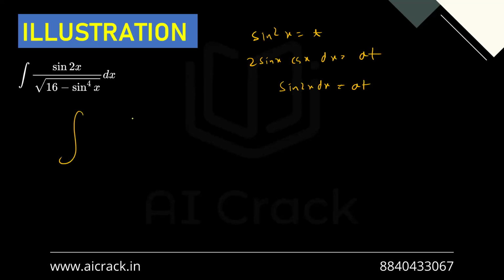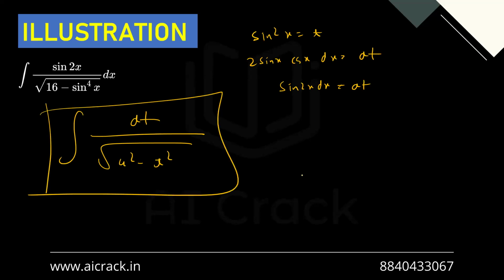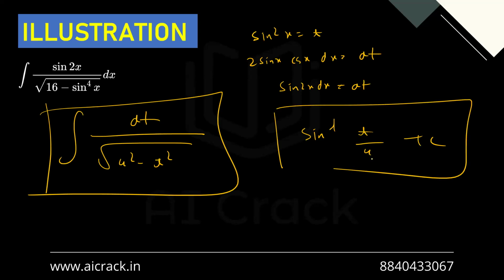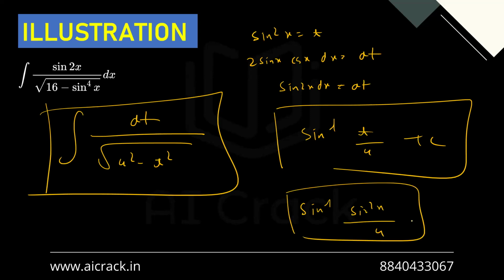So we have got dt upon under root 4 square minus t square. Now this is the standard format of sine inverse x by a, that kind of format, t by a. So sine inverse t by 4 plus c. This is our answer. I can replace t over here, and you'll be getting sine inverse of sine square x by 4 plus c.